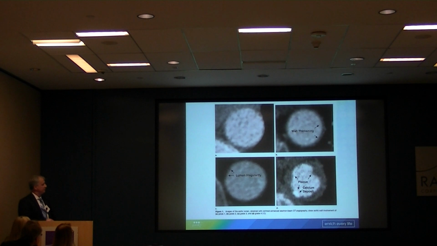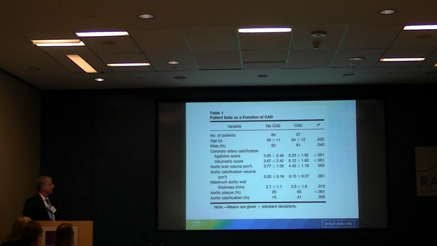They looked at any thickening of the aortic wall, any luminal irregularity, which would indicate plaque, and then calcification. You can see calcification in the aorta as well as plaque. They then correlated that with coronary disease. Looking at the no coronary disease group and the coronary disease group, 60 of the 97 individuals did not have coronary disease.